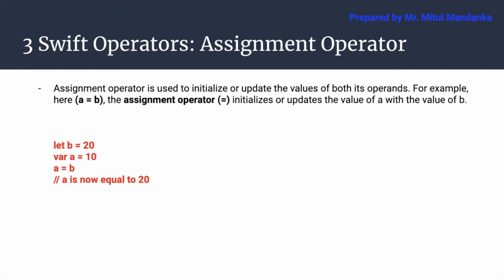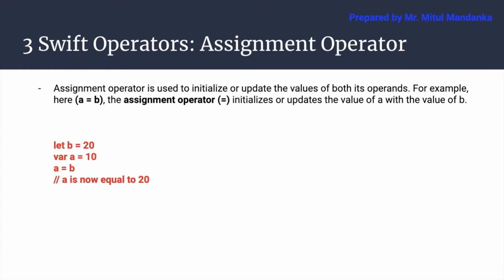In our previous session we discussed that we can't change the value of constants. So here we declare one constant with let b equal to 20 and declare one variable var a equal to 10. So we can change the value of our variable. That's why I do a is equal to b.